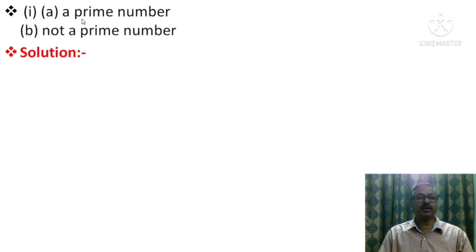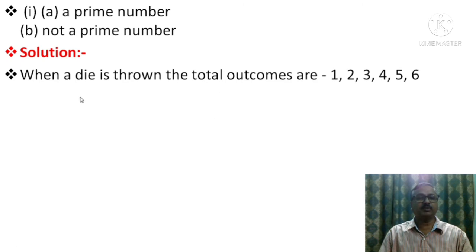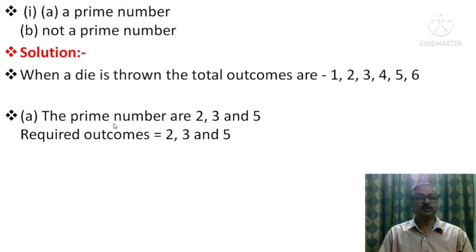This is the first part, a prime number, not a prime number. Now see, when a die is thrown, the total outcomes are these: either 1, 2, 3, 4, 5 or 6. So we will not get any number other than these 6. The prime numbers, out of these 6 numbers, are 2, 3 and 5. We know what a prime number is: a number whose factors are 1 and the number itself. 1 is not a prime number, and 1 is not a composite number either.